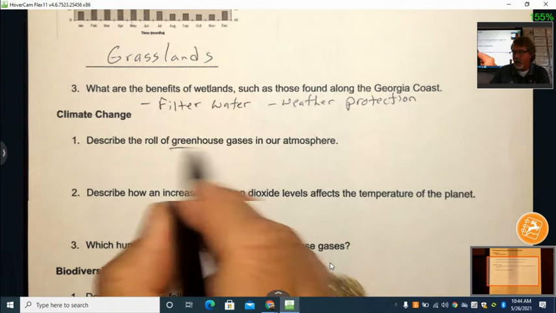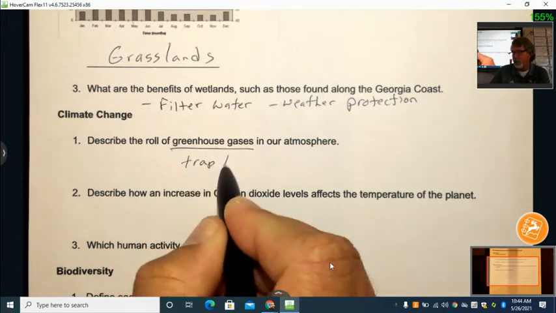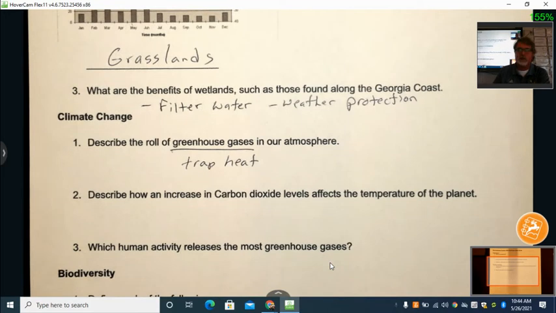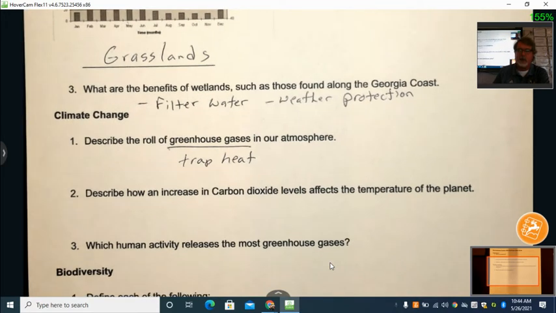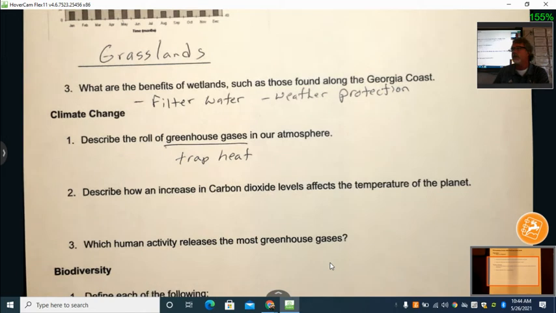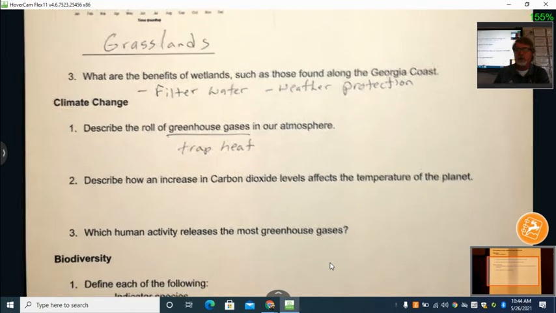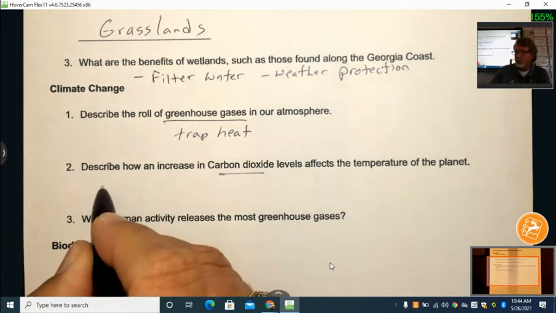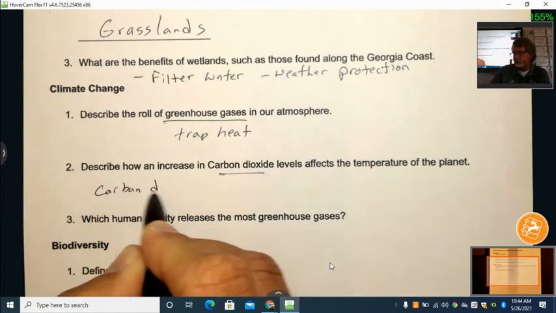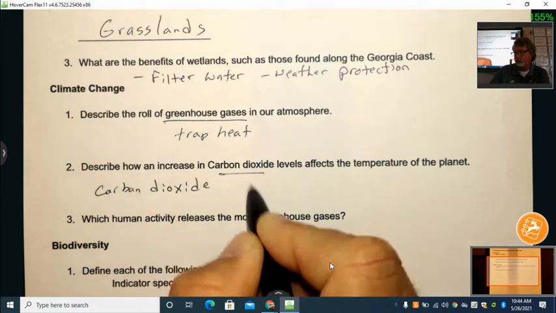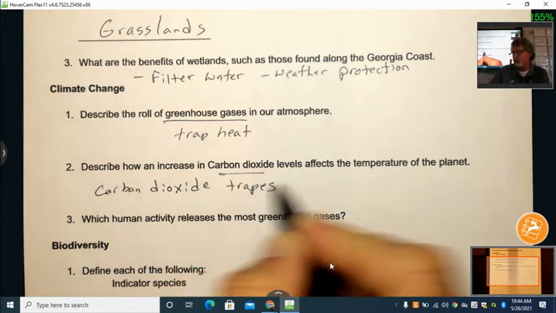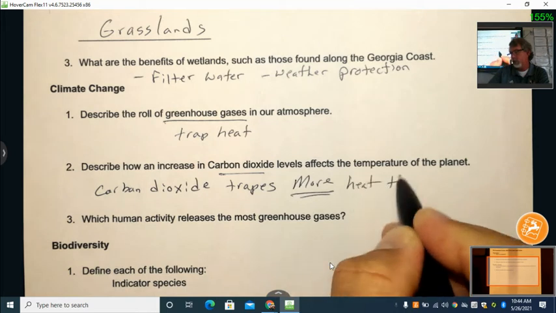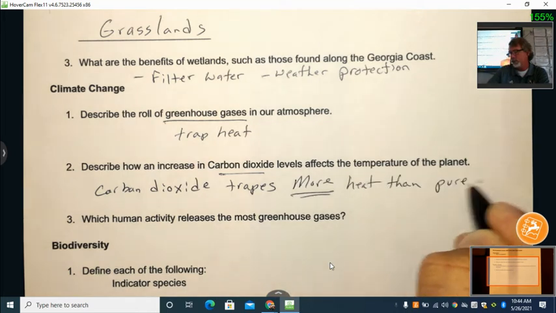Greenhouse gases are not bad. Greenhouse gases trap heat. The problem is there's too much greenhouse gases where it becomes a bad thing. So the greenhouse gases basically trap heat, so at night it doesn't get freezing cold. Describe how an increase in carbon dioxide affects the temperature on our planet. Okay, so carbon dioxide traps more heat than pure air.